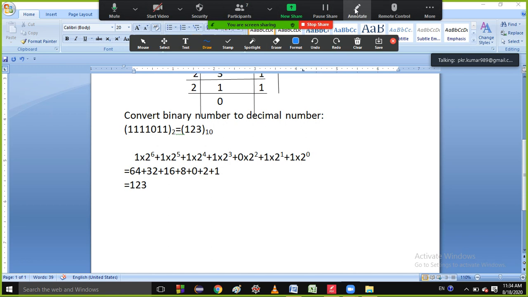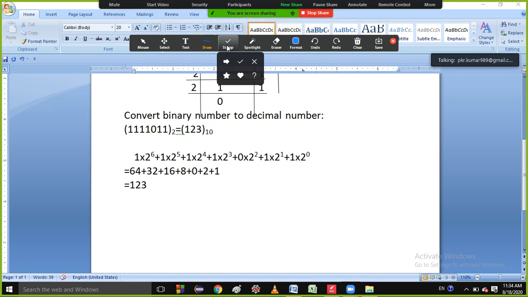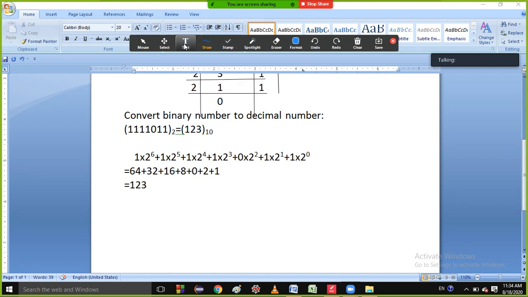Then 123. 2 power 6 multiply 1, I am asking. 2 power 6, I am asking. What is the answer?